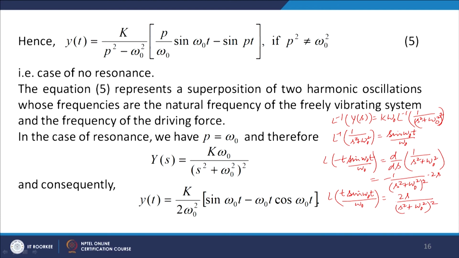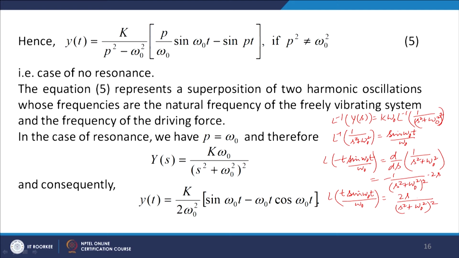Now, we want the inverse Laplace transform of 1 upon (s square plus omega naught square) whole square. So, we have to use a formula which divides the Laplace transform F(s) by s, and that is: if L of f(t) equals F(s), then the Laplace transform of the integral from 0 to t of f(u) du is F(s) by s.